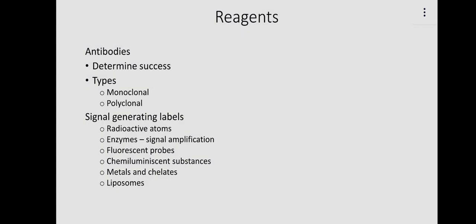monoclonal and polyclonal. And this has more to do with the source. Is it from a single type of cell, or from different types of cells? So those that come from a single type of cell are monoclonal. And those that come from different types of immune cells are polyclonal.